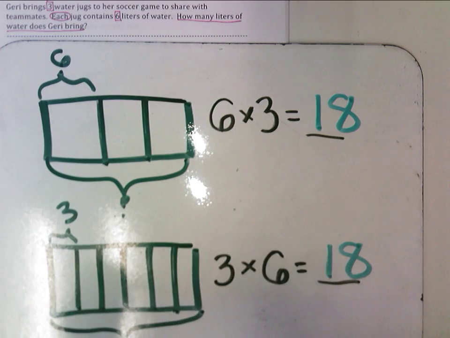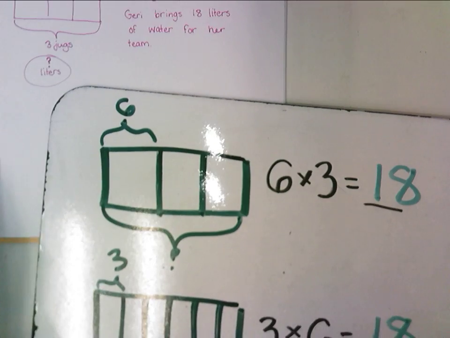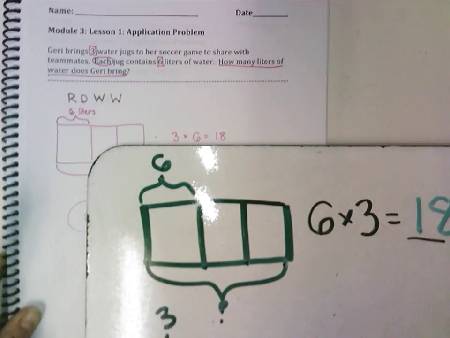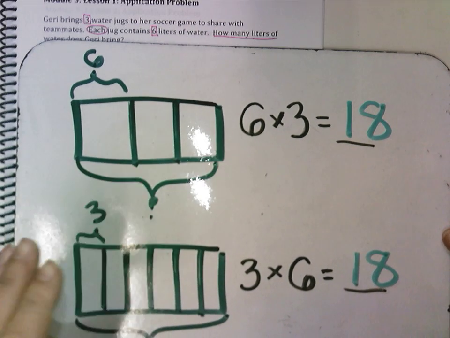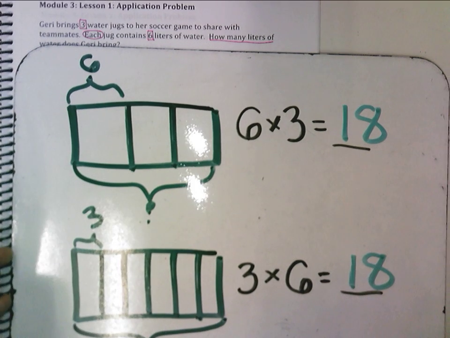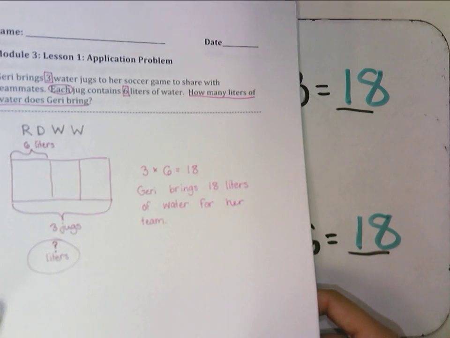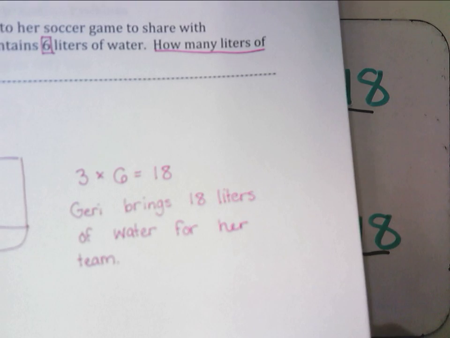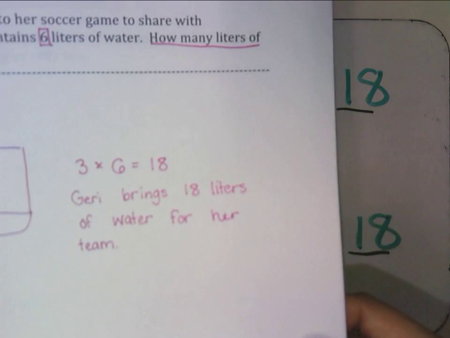are 18. So looking at our word problem from our application problem, you could really argue that either of these tape diagrams correctly represent the problem, because the answer to the application problem that we did this morning was 18.